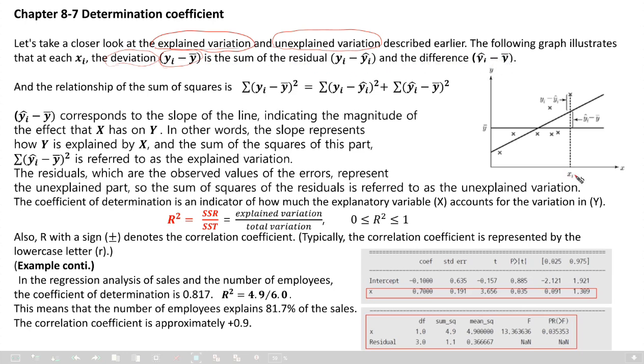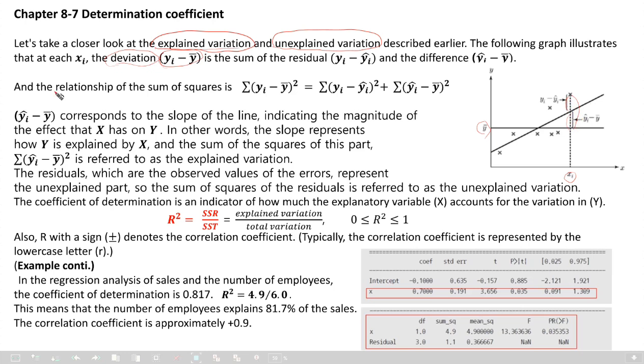Let's see here. At xi, what is this? Yi minus y bar. Y bar means the mean of y values. This one is yi minus yi hat. This one is what? Residual. And yi hat minus y bar, this part, the sum of those two parts, right?